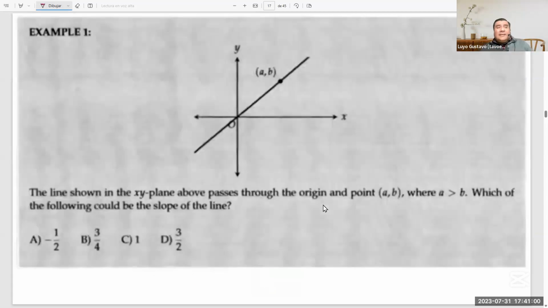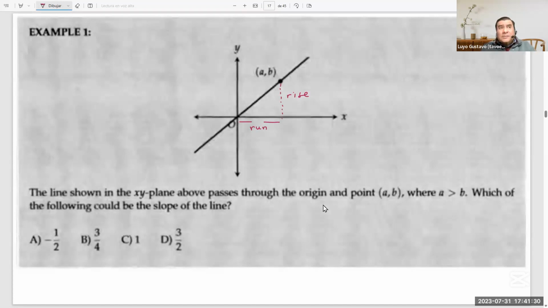It says, the line shown in the XY plane above passes through the origin and point (a, b), where a is greater than b. Which of the following could be the slope of the line? Now notice something. If this is the line on the plane of coordinates, this difference here, which is positive, would be the rise, and this difference here would be the run. So what would be the rise?